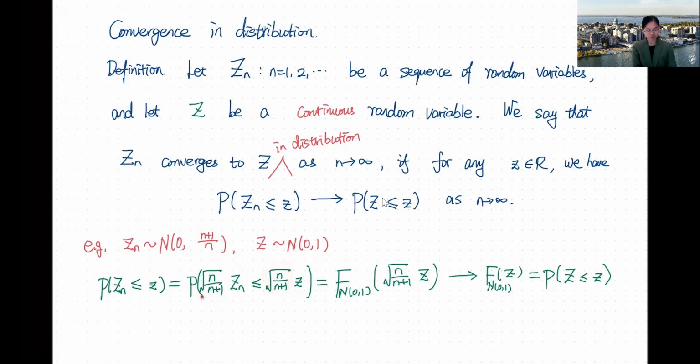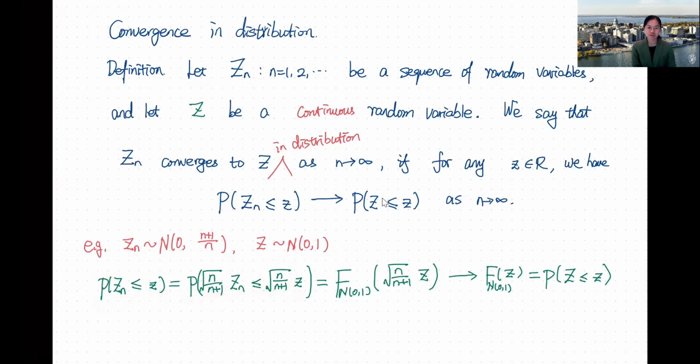What happened? I just multiplied this constant to each side of this inequality. And this constant is a positive constant, therefore that multiplication doesn't change the inequality. So this event and that event are exactly the same event, and therefore they have the same probability.